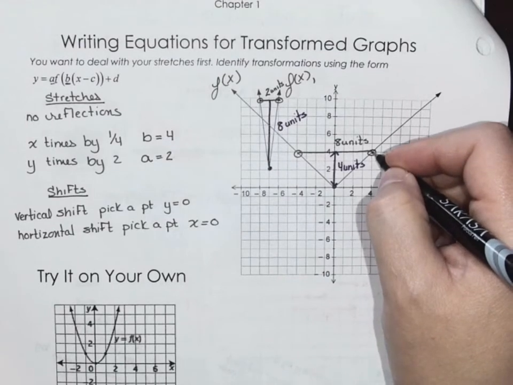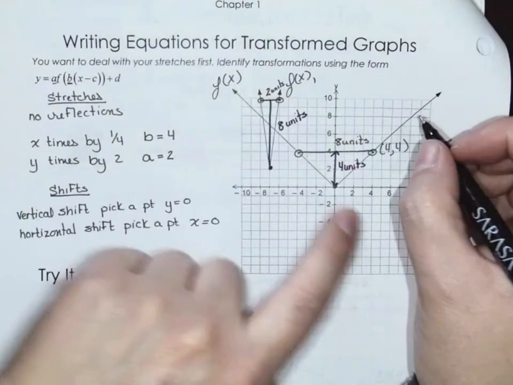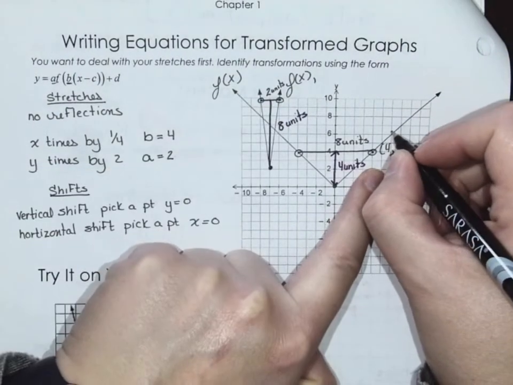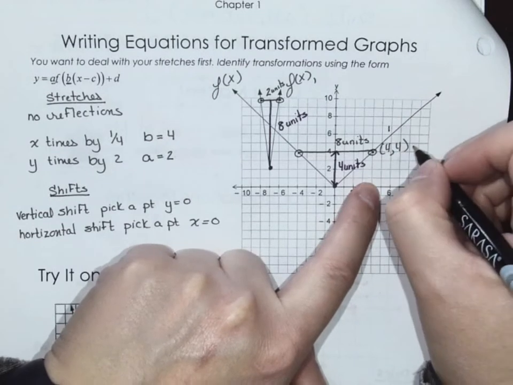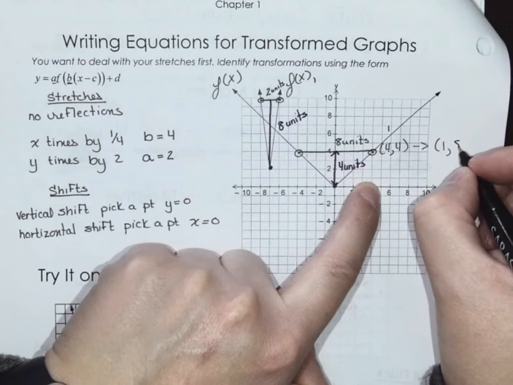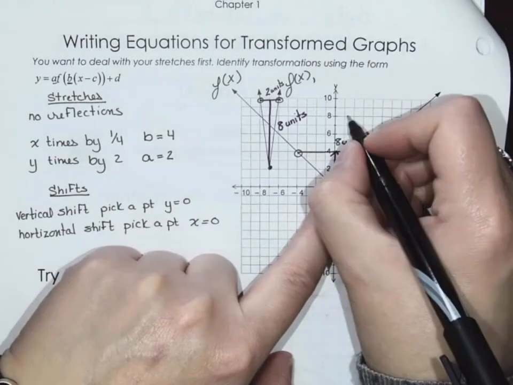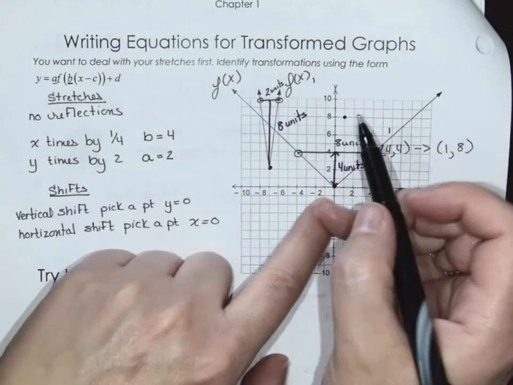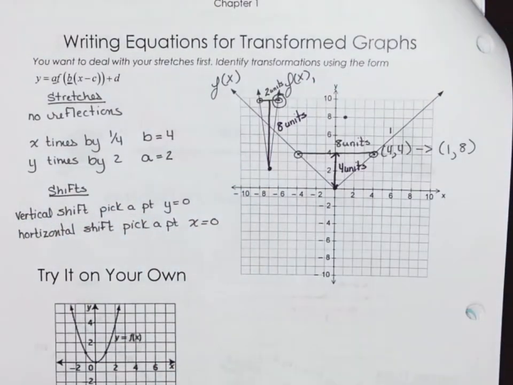Then what you would do is apply the stretches, like let's say I would apply the stretches to here, so stretch them, and then move them. So if this point is at 4 and 4, and I know it translates over here, I'd do my stretches, so this one would translate to 1 and 8.